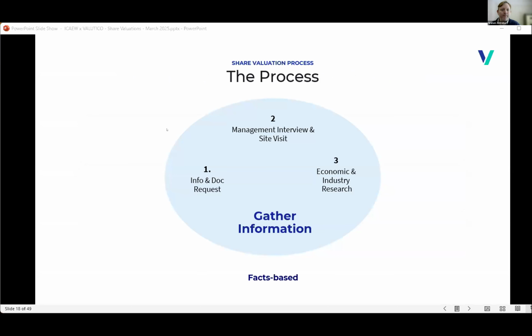And so just to pick up on the share valuation process in a little more depth then. The share valuation process begins with gathering relevant information to ensure a well-supported opinion. And this involves three steps which are set out on this slide. First, we request financial statements, corporate documents, and any relevant business information from our client. This initial data collection forms the foundation of the valuation analysis, which we perform next. We also conduct management interviews, which these days we're doing more and more via Teams or Zoom.